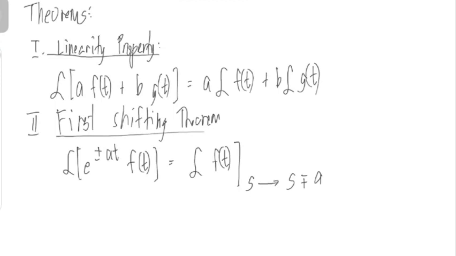Kasi e to the positive at. Kung yun na e to the negative at, s must be replaced by s plus a. That is known as a first shifting theorem. If you will not apply this theorem, the solution will be quite long. It's difficult. So, using this theorem will facilitate the procedure.